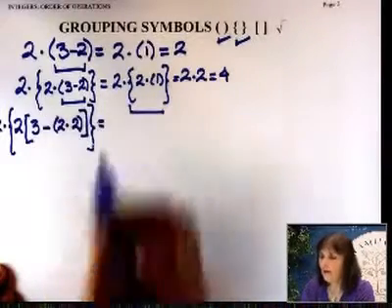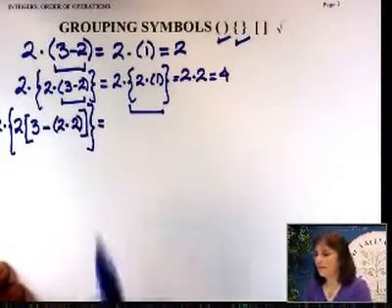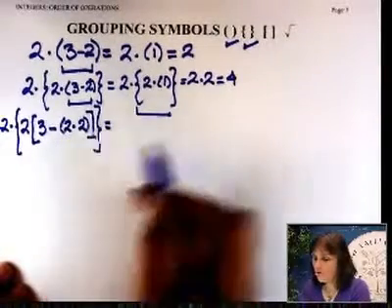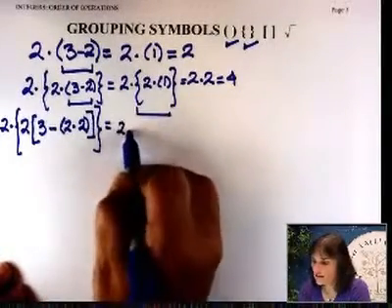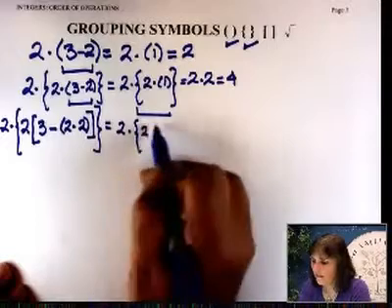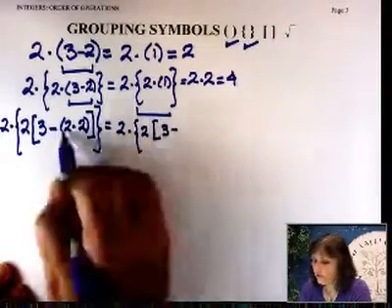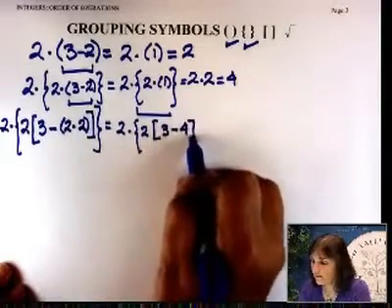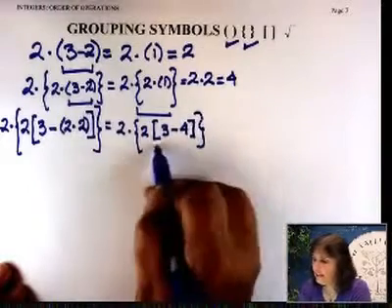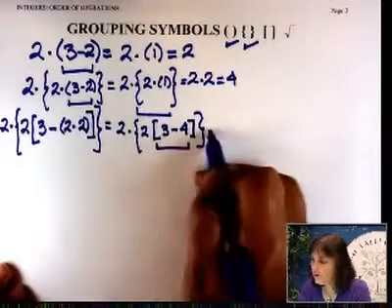All right. How do you do that? From inside out. 2 times 2 is 4. I'll write everything else the way they were. 2 times 2 is 4. Now I do the next one. 3 minus 4, that's negative 1.